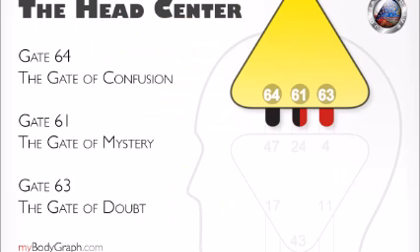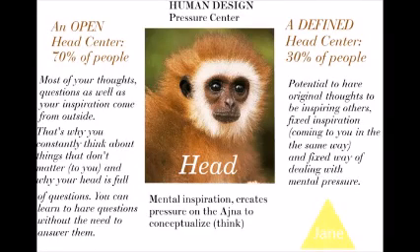The gates in the head include the 64, the gate of confusion, the 61, the gate of mystery, and the 63, the gate of doubt. 30% of people have a defined head, so the majority of us have an open head.